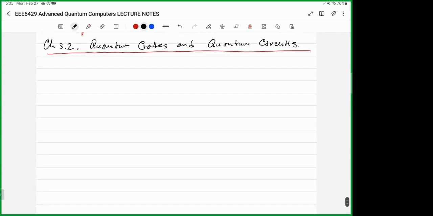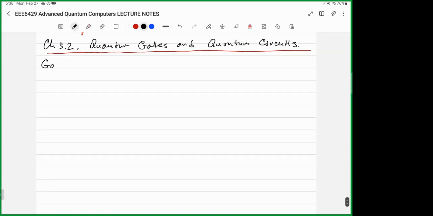So first of all, what is basically a circuit model? The circuit model is a sequence of some building blocks that carry out elementary computations, called gates.